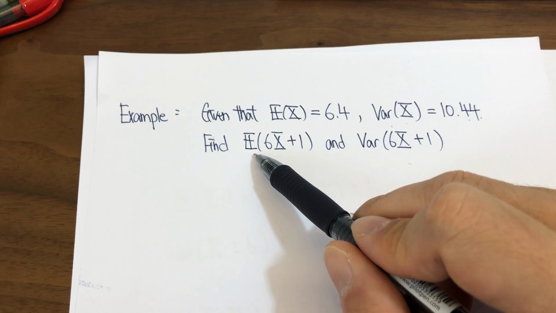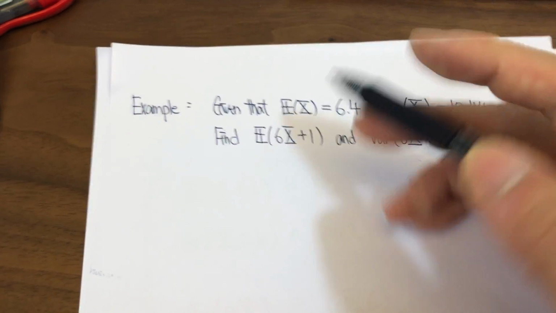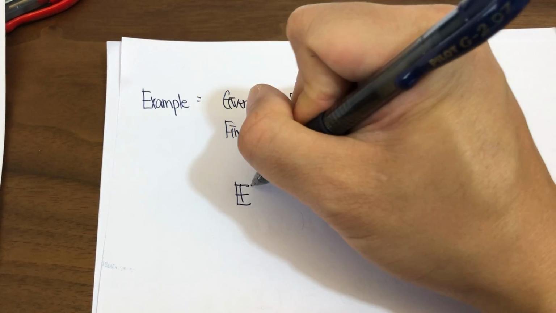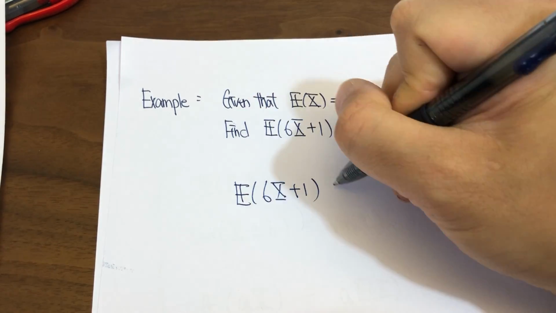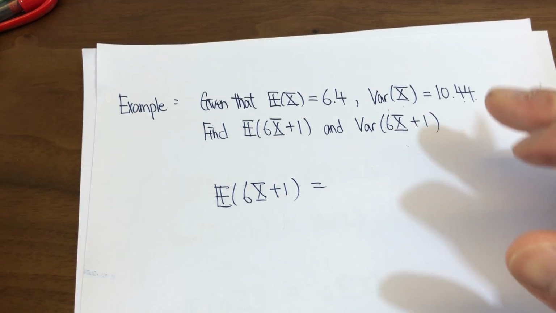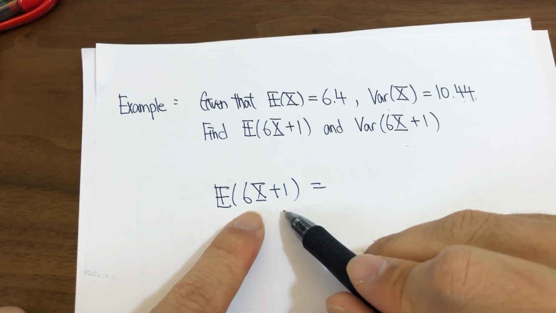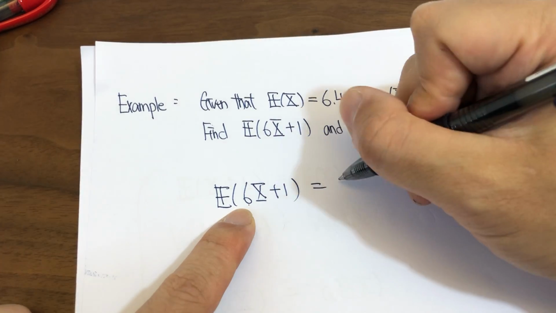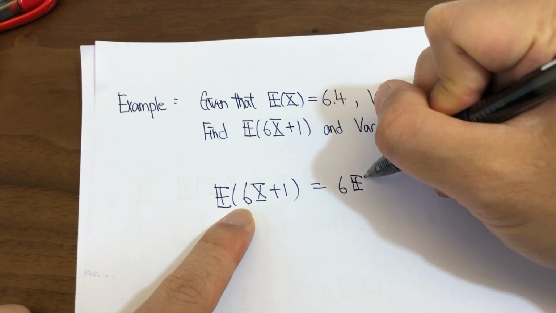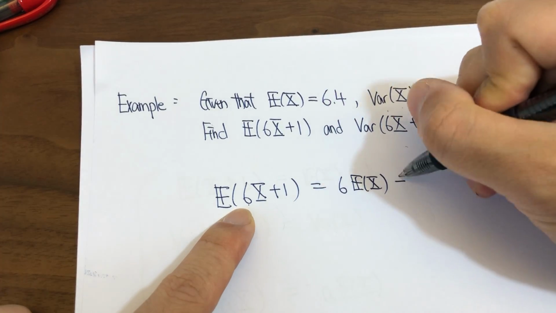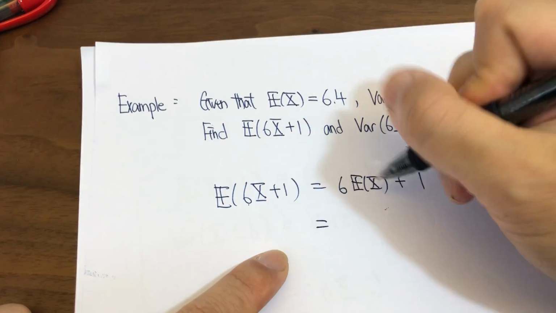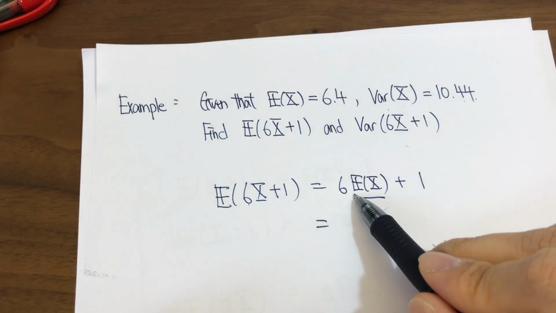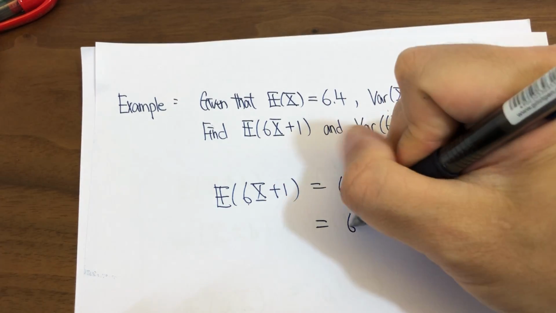First of all, the expected value of 6x plus 1. According to the rules, we can move the constant out, the expected value of x, and then plus 1. We are already given that the expected value of x is 6.4.